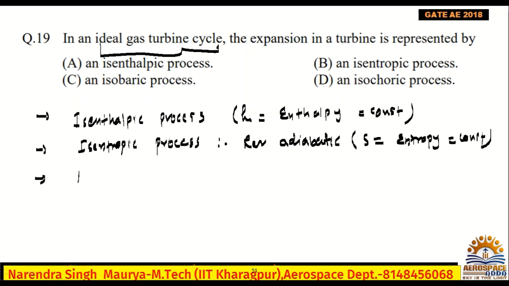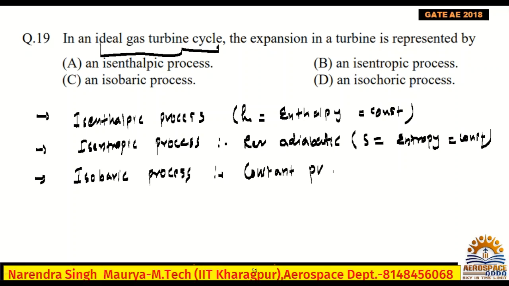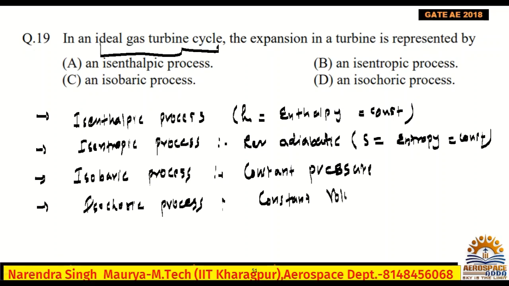Next, isobaric, which means constant pressure. Next is isochoric, which means constant volume.